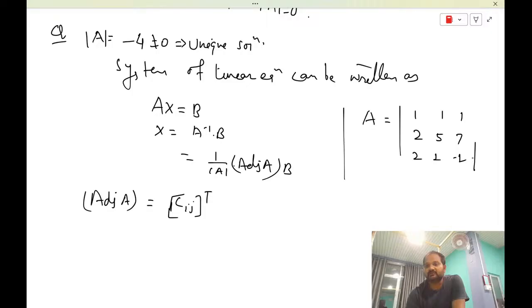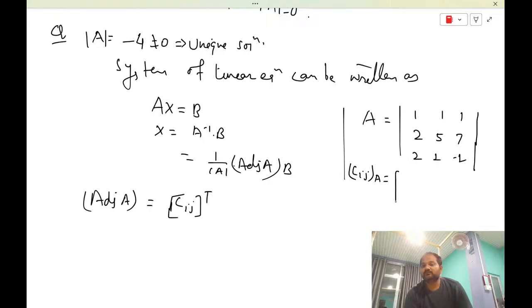These are the matrix of A. So what will be its adjoint? For finding the adjoint, we will take the Cij of A.